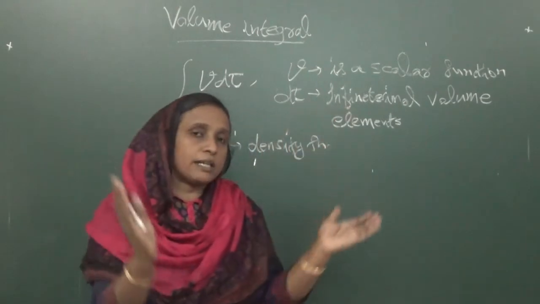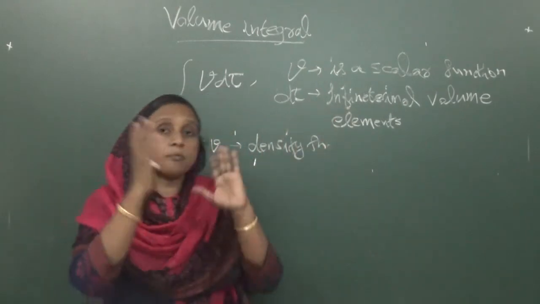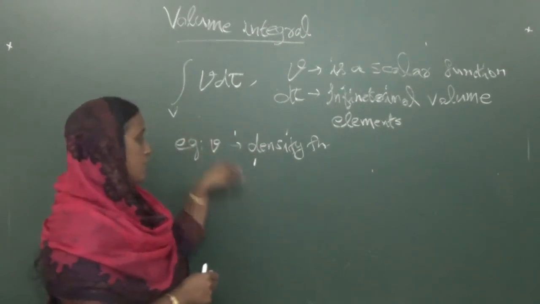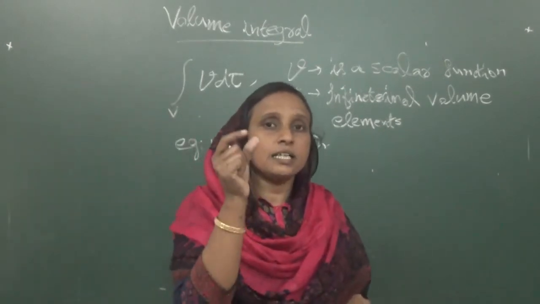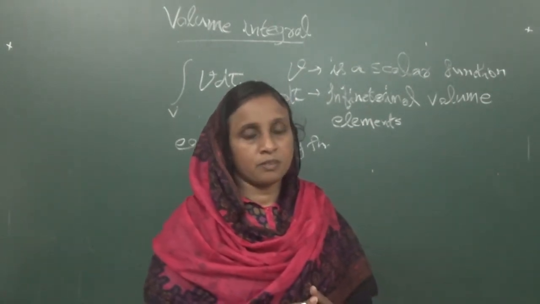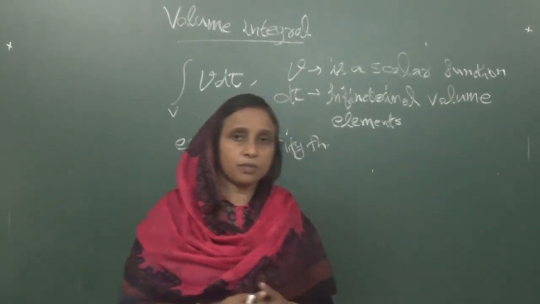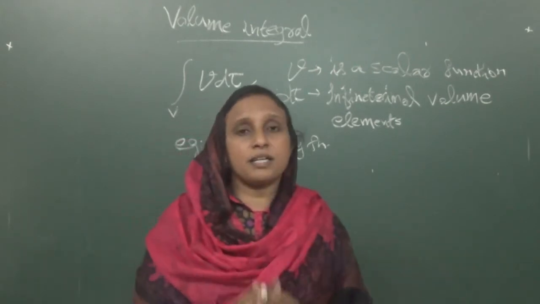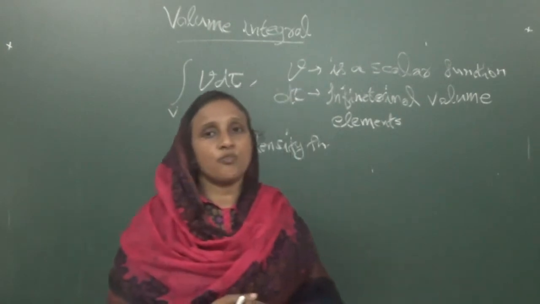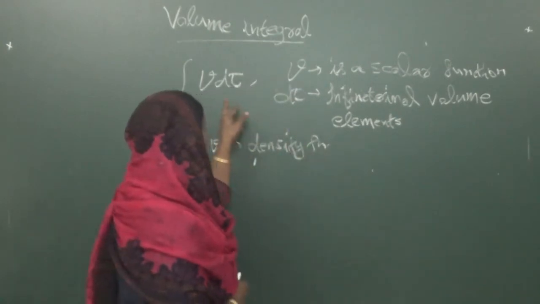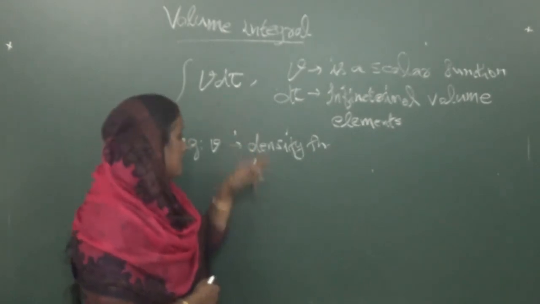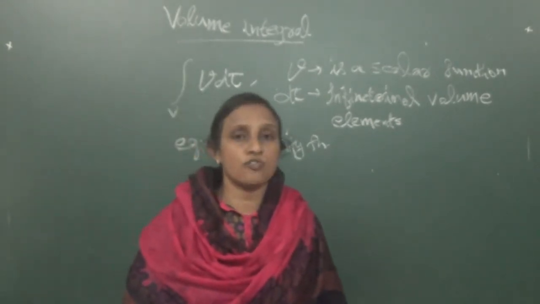In order to get the entire mass, you have to integrate this function. The volume integral of the density function gives us the mass. The volume integral can be defined for both scalar and vector functions. Here we consider the scalar function, as an example, the density of a material.